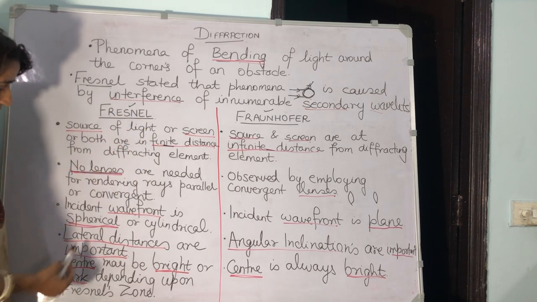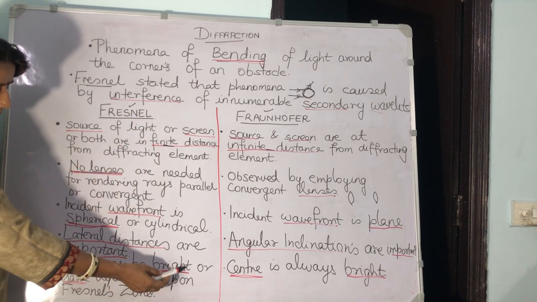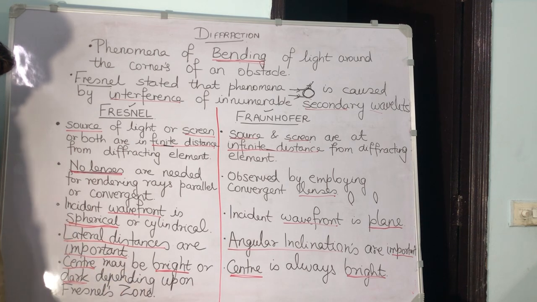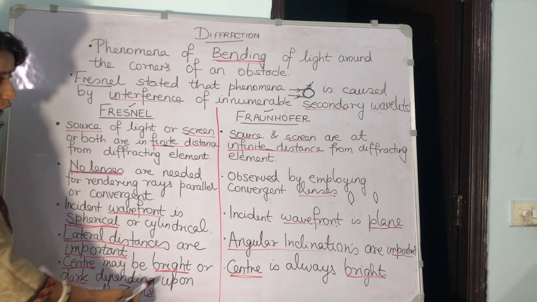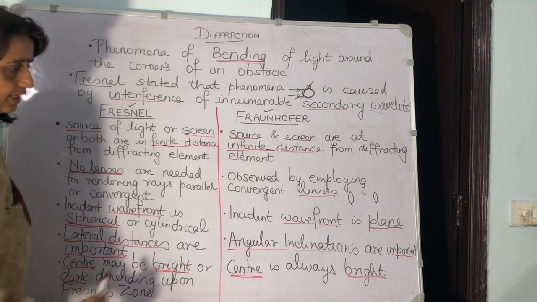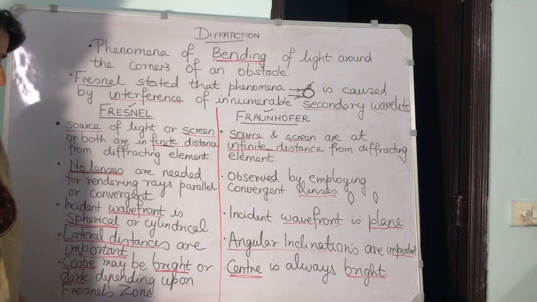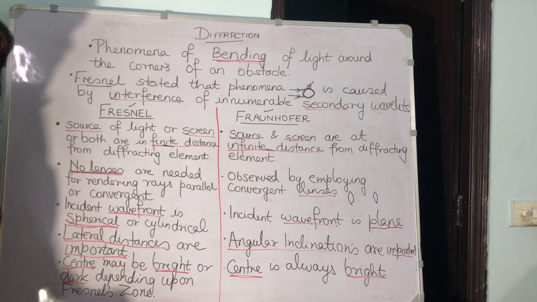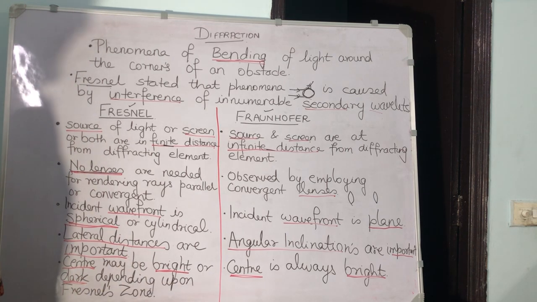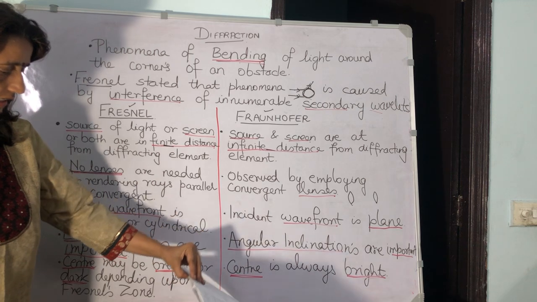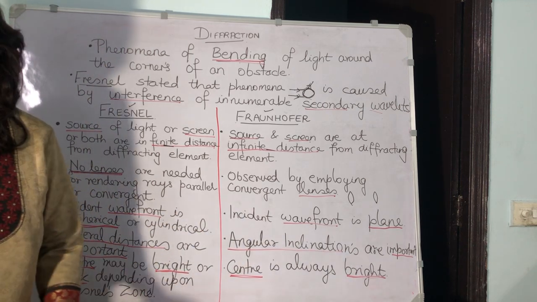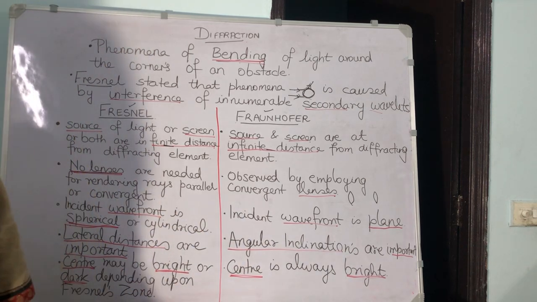In the Fresnel class, the center may be bright or dark depending upon the Fresnel zone, whereas in the Fraunhofer class the center is always bright.